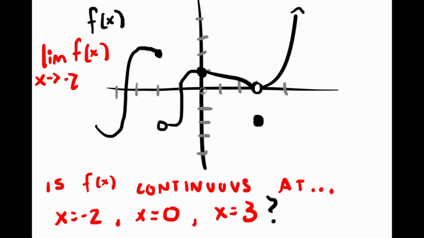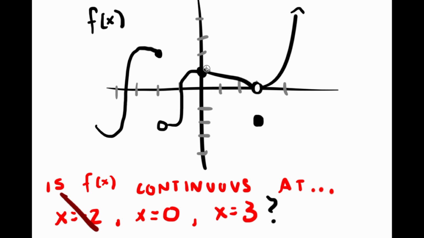As x approaches -2, it goes towards both -2 and +2. So we say this does not exist. So f of x is not continuous at x equals -2. We'll mark that as not continuous.